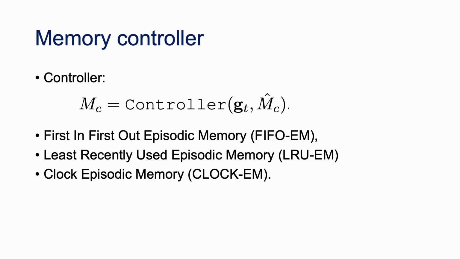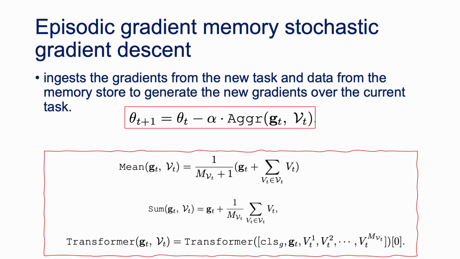We propose three different memory controllers to replace tasks in the memory, and we also propose different aggregation functions to update the parameters. Here we propose mean aggregation, sum aggregation, and transformer aggregation to update the model parameters.